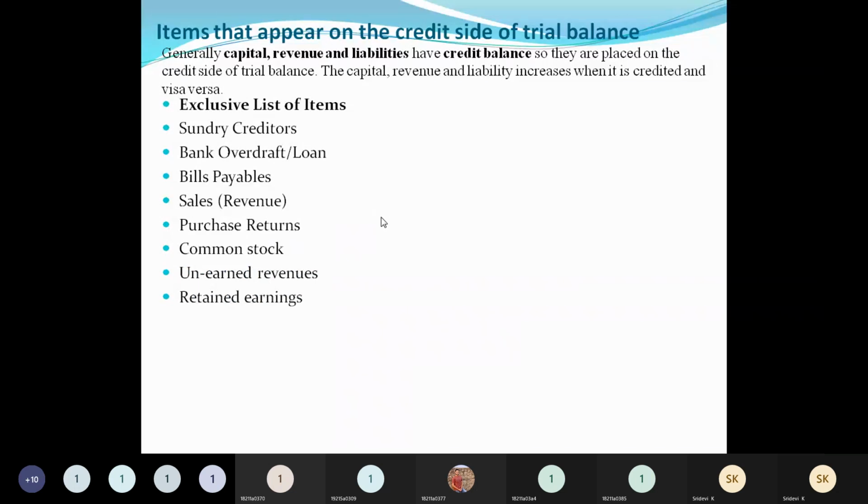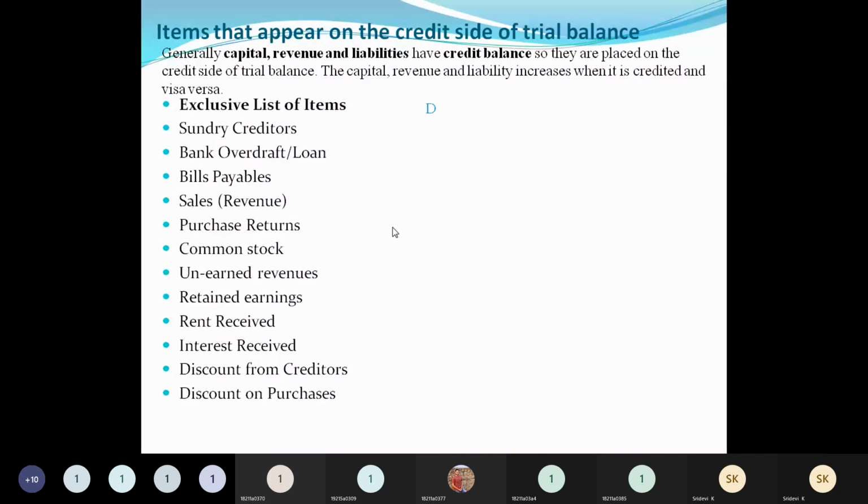any unearned revenues, any retained earnings, rent received, interest received, commission received, discount received, anything received, that item should be shown in the credit amount column. Any dividend received, anything.